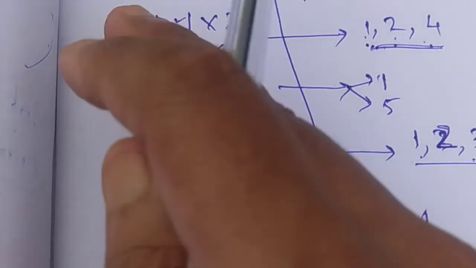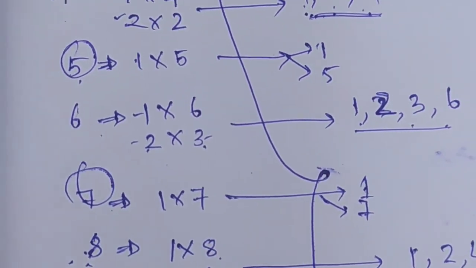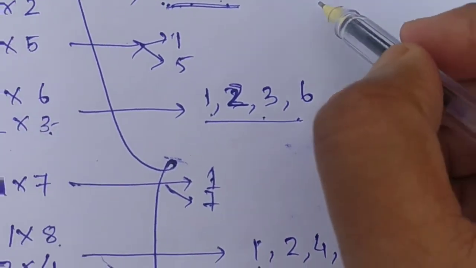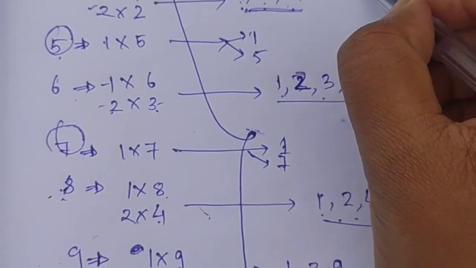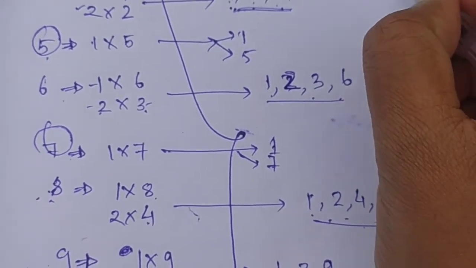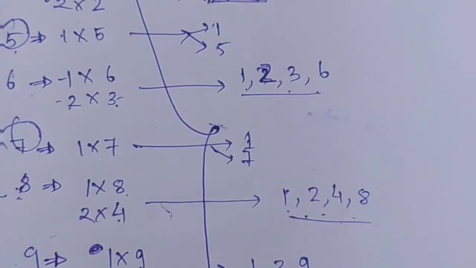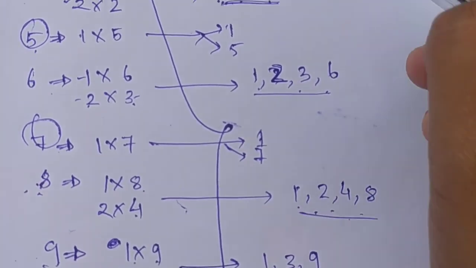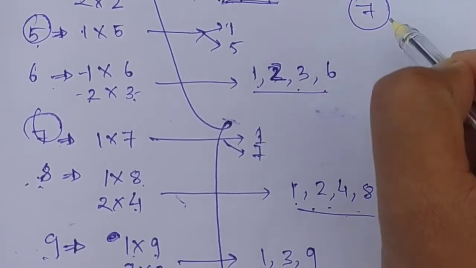Therefore, what are the prime numbers between 2 and 10? 2, 3, 5 and 7.